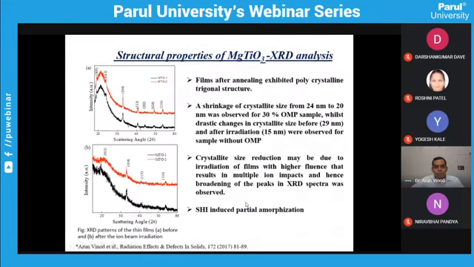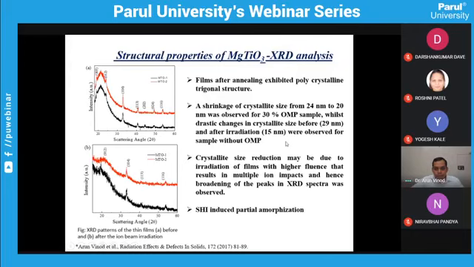In the XRD analysis, the films exhibited a polycrystalline trigonal structure after annealing, as I mentioned previously. We can see that with the ion beam irradiation, there was a change in the crystallite size from 24 to 20 in one oxygen mixing case, and from 29 to 15, that is from 2x to x, so it was reduced to half, in the case of the lower oxygen mixing percentage.